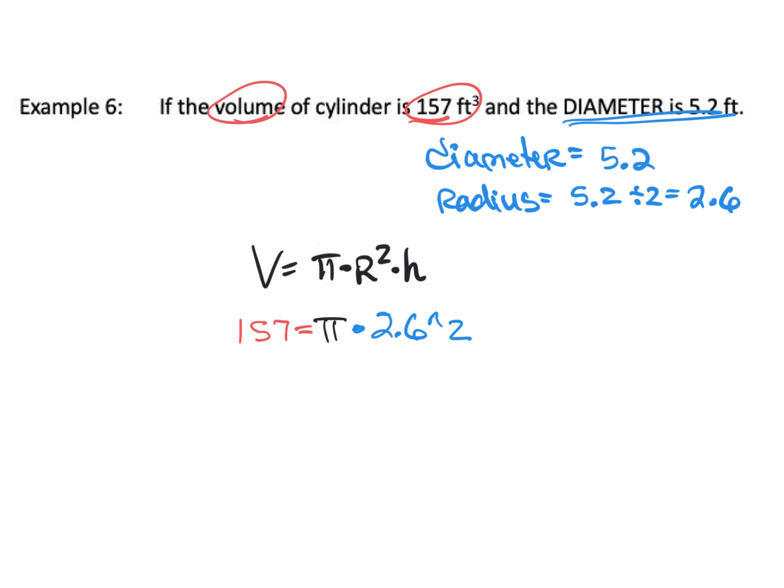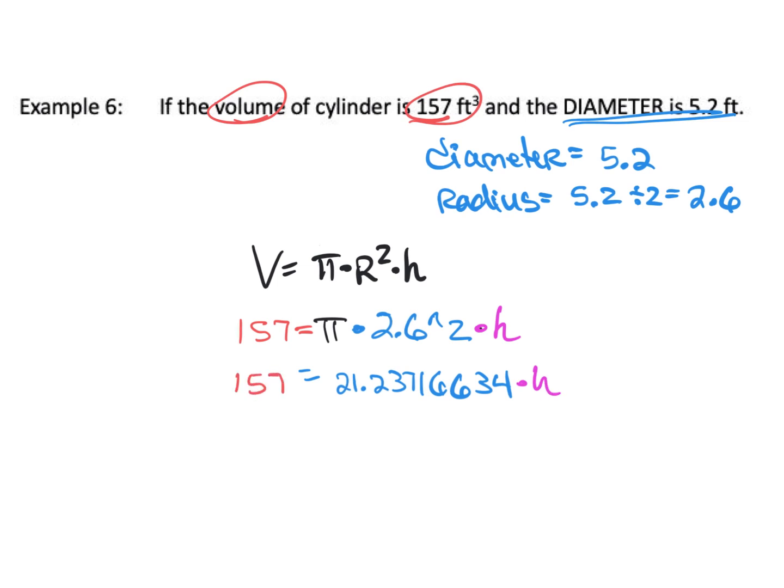And then we're trying to solve for our height. Okay, so grab your calculator. Let's do pi times 2.6 to the power of 2. That does the squared. And we are going to have 21.237166634 times height.